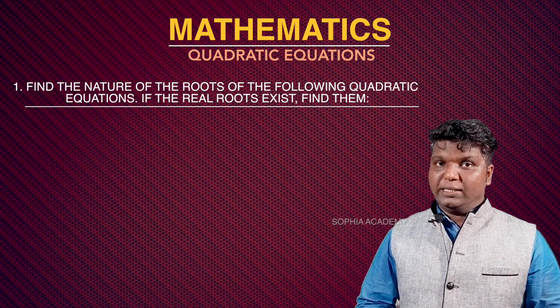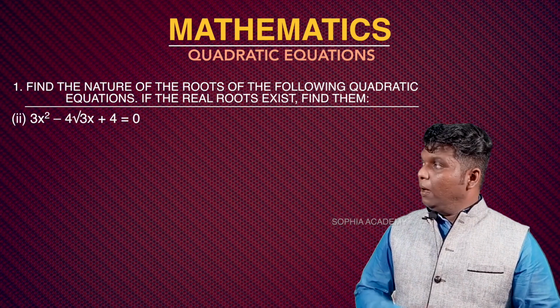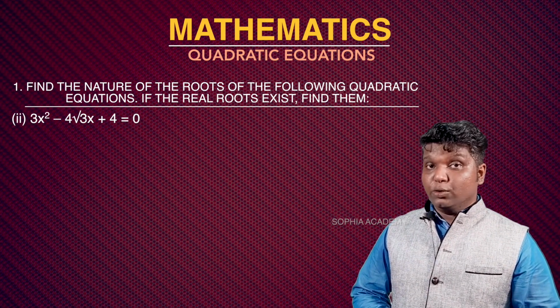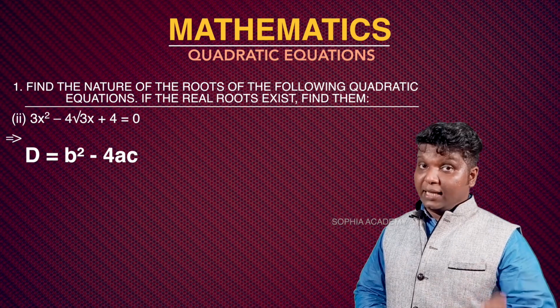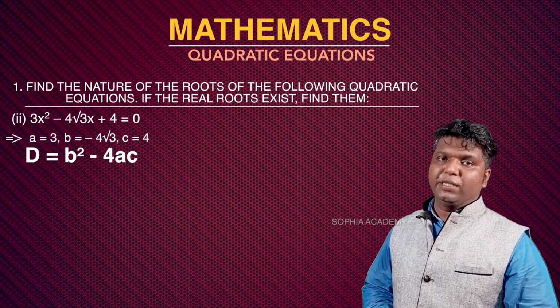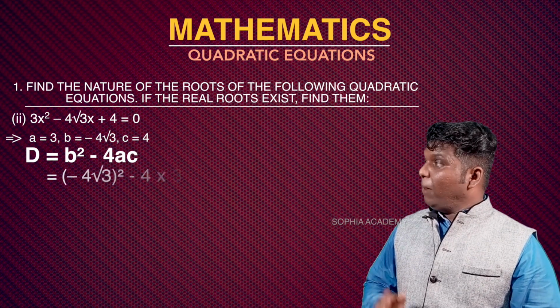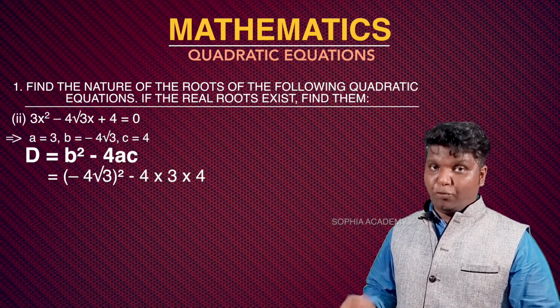Let us solve one more question. 3x square minus 4 root 3 x plus 4 is equal to 0. Here the discriminant D is equal to b square minus 4ac, and that is equal to, what is b, what is a, and what is c. Just substitute here. While substituting, you will get minus 4 root 3 the whole square minus 4 into 3 into 4.